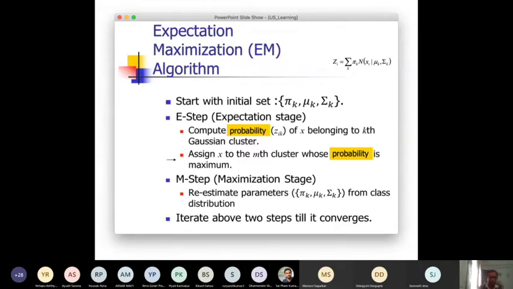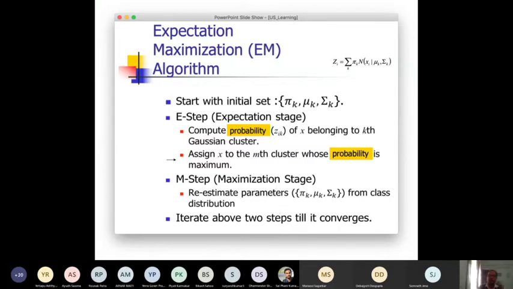The expectation stage tries to impose an intuitive guess on your data sets, and then from there you estimate the parameters.